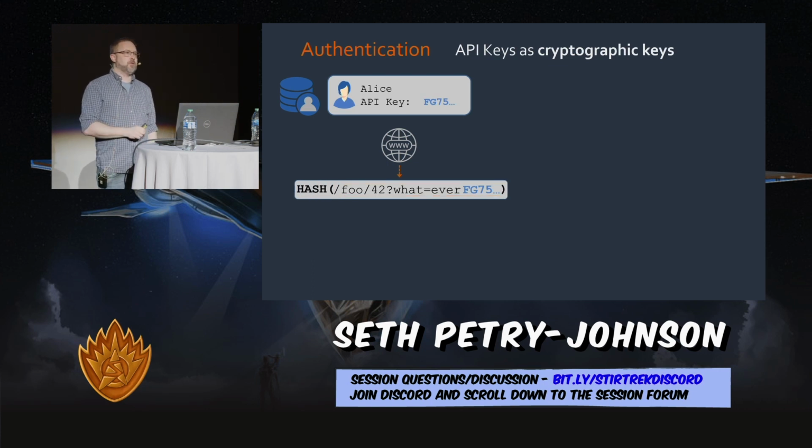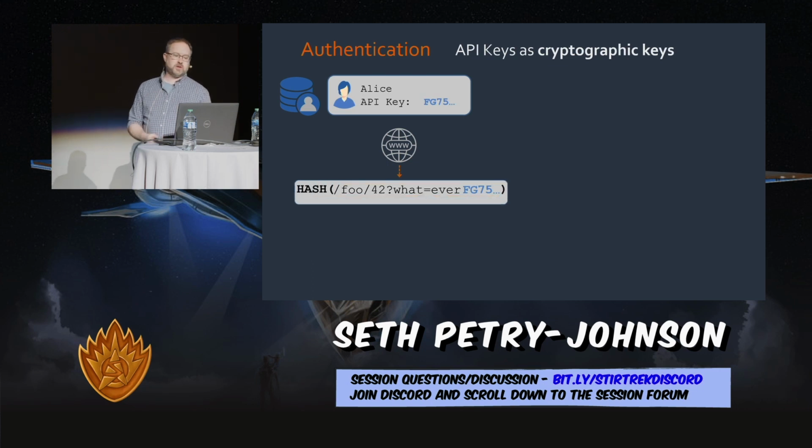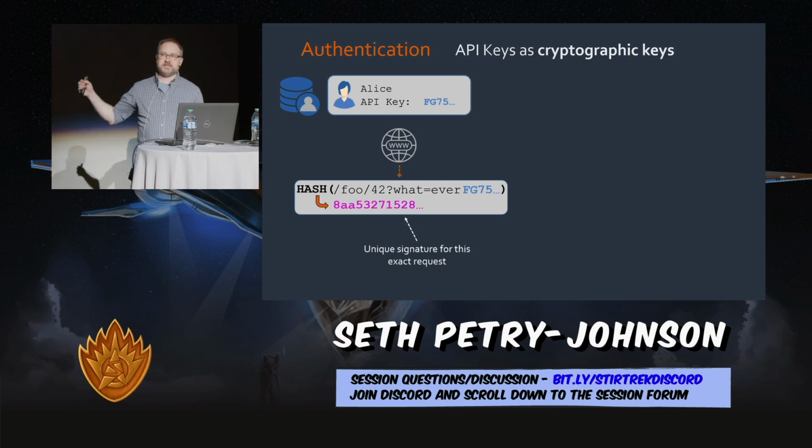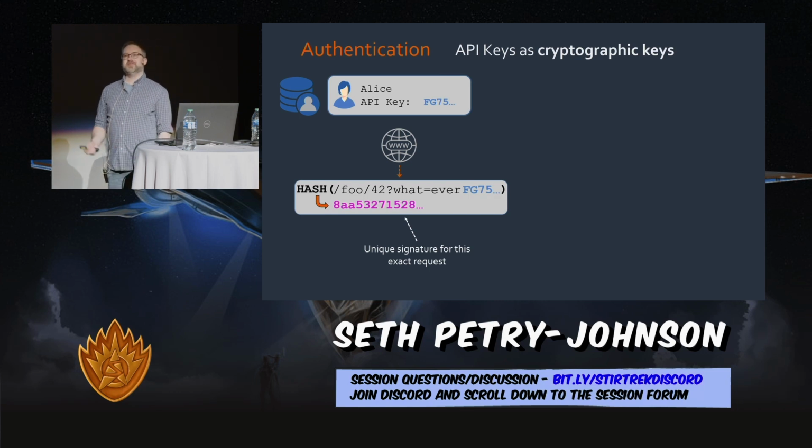The client then runs that string through a hashing function, which creates a unique signature for the request. The string being hashed is unique to Alice's request for that URL, and hash functions return a unique output for every unique input. So no other client will generate this signature unless it's using Alice's key to request this exact URL.